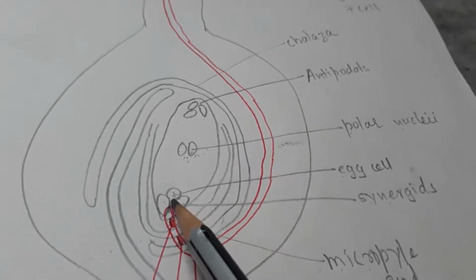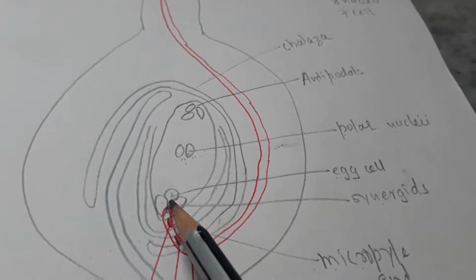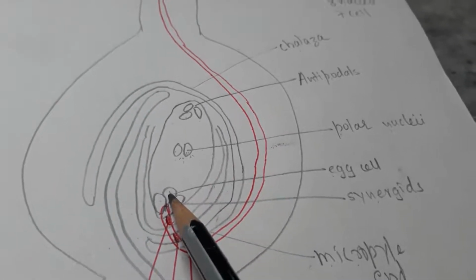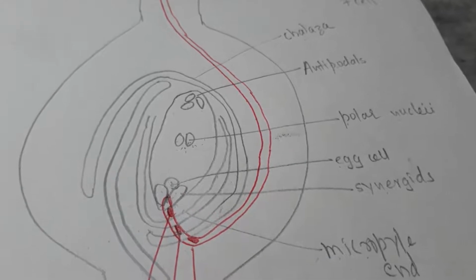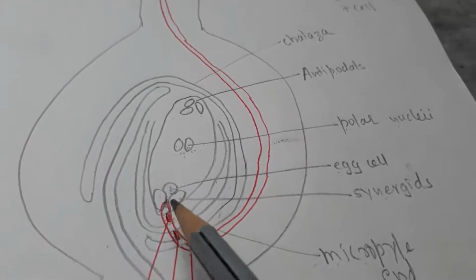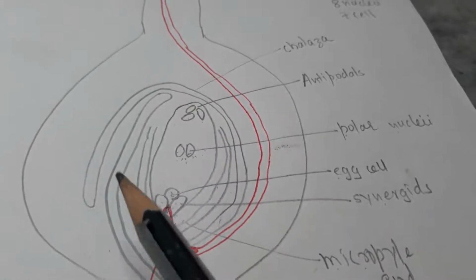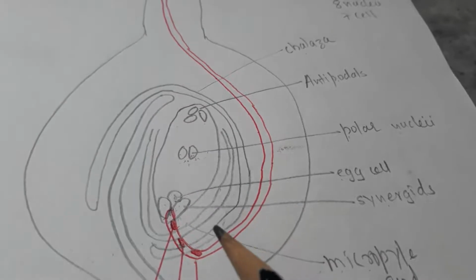So in the bird's egg the embryo is going to become the young bird, and here this is the young plant. I have made this comparison with the egg so it becomes clear to you what the embryo sac is going to become in future.